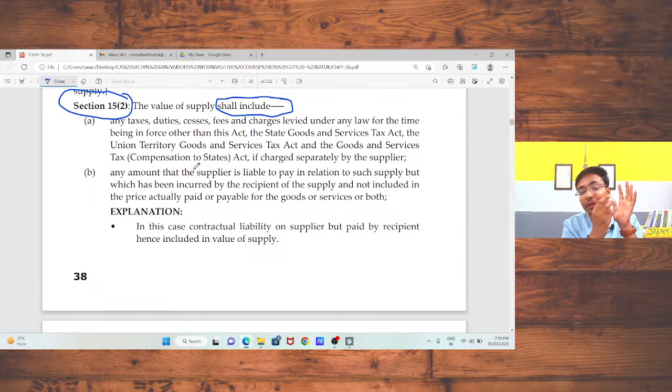So for calculating the value of supply, there is no need to add CGST, SGST, IGST, UTGST. Except for those, all other taxes should be added to the transaction value to get the value of supply. Okay, sir.